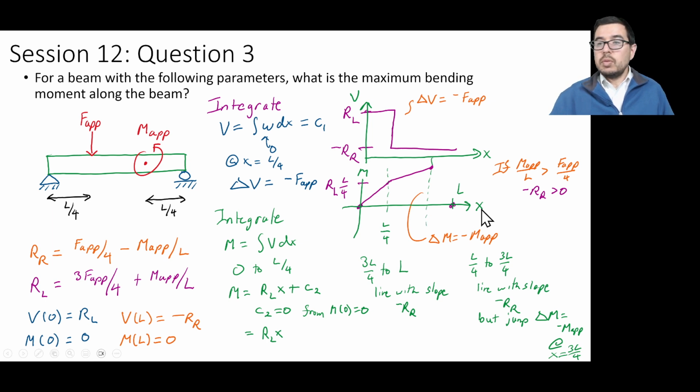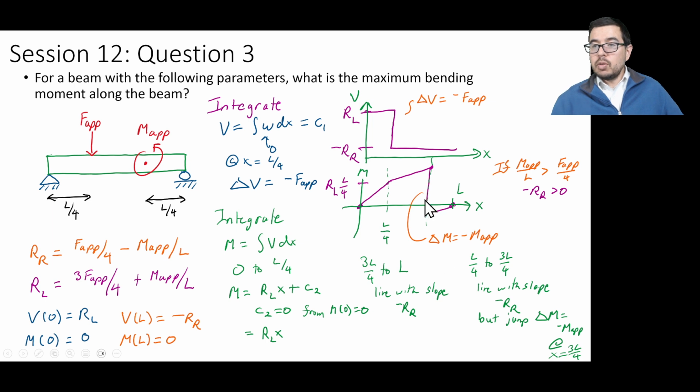How far down it goes is not quite certain, but it ends at 0, and it has to have a positive slope from 3L over 4 to L, which means that it has to go below 0 in order to get back up to 0.